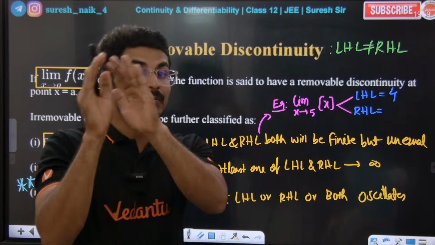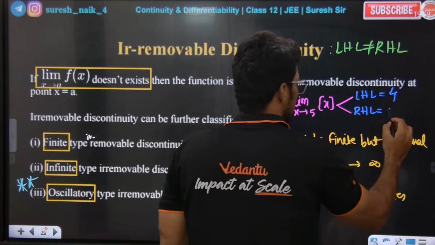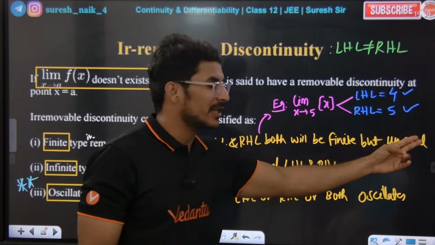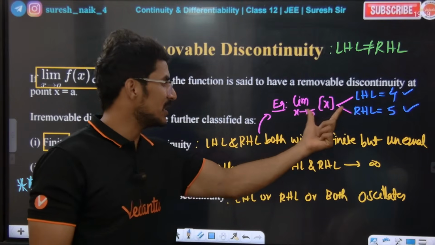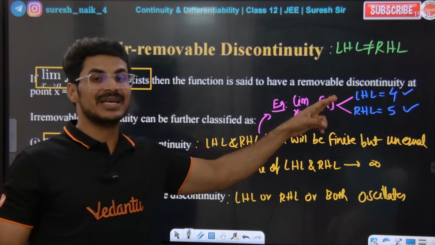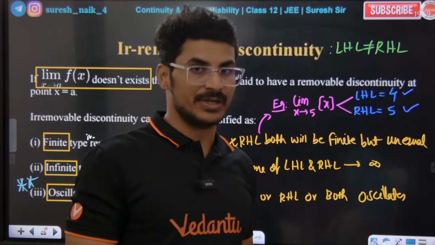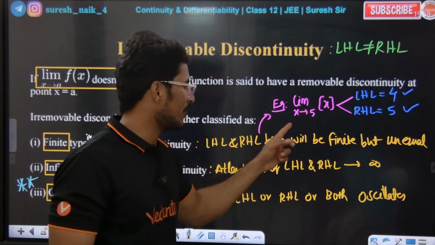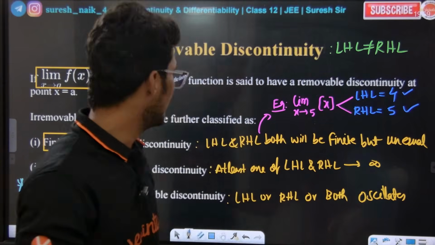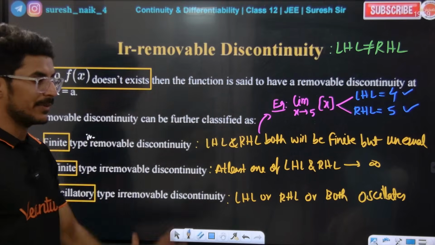RHL is 5 point something, whose step is 5. LHL and RHL are both finite but not equal. So this is a discontinuous function, of finite type irremovable discontinuity. Understood?